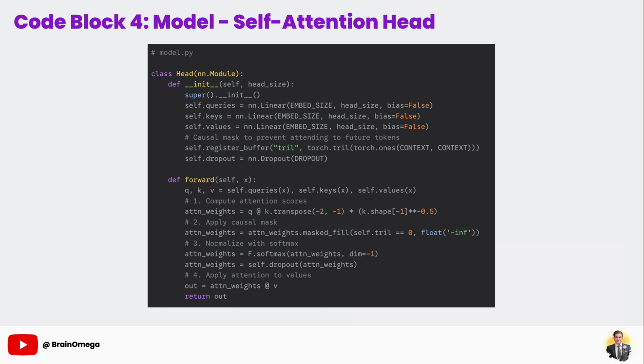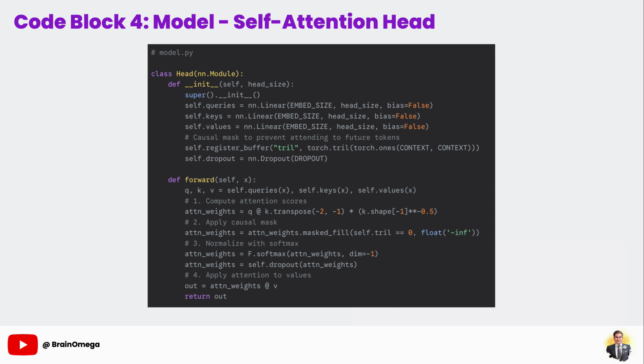Now for the part you've been waiting for, model.py. We're starting with the absolute heart of the transformer, the head of self-attention. This is where the magic happens. Imagine a token is a person in a crowded room trying to understand a conversation. To do that, it needs to pay attention to other people. In our model, each token creates 3 vectors to help it do this: a query, a key, and a value.